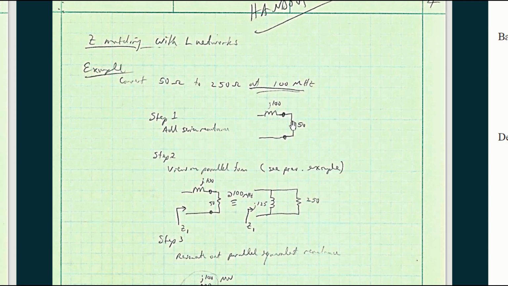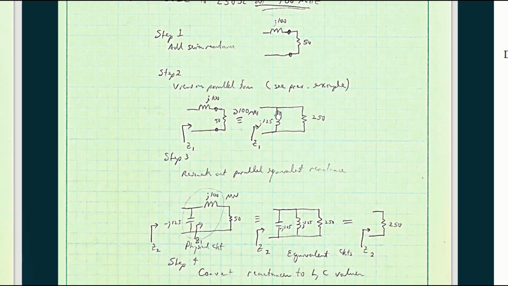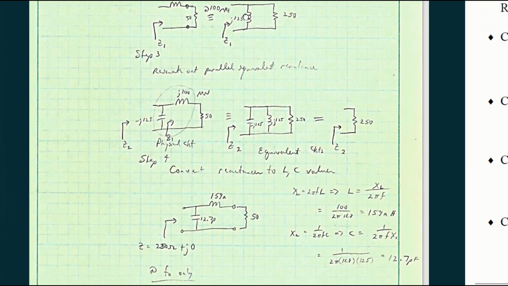We just add the j100 inductor, and then we view it in a parallel form. What do we do next? Well, we resonate out the parallel equivalent reactance. So we put a capacitor across this so that when we have a capacitor in parallel with the inductor, and they both have the same reactance magnitude, they basically look like an open circuit. And what we're left with is what we see down here.